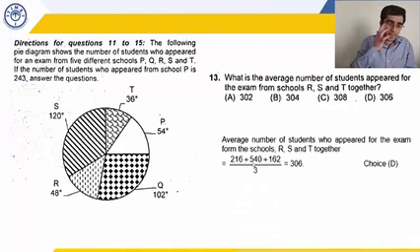So straightforward, you already have the table, you have the values for R, S, and T. Add them up, and the average will be divided by 3. So the answer will be 306. Simple solving.